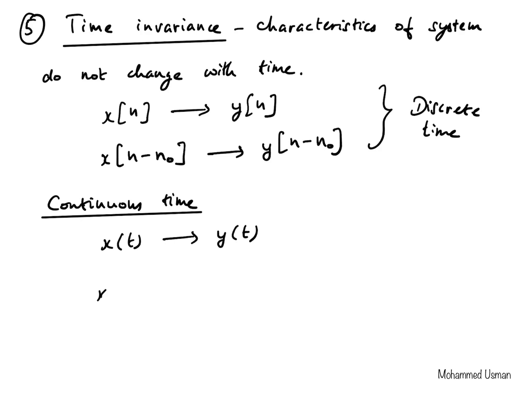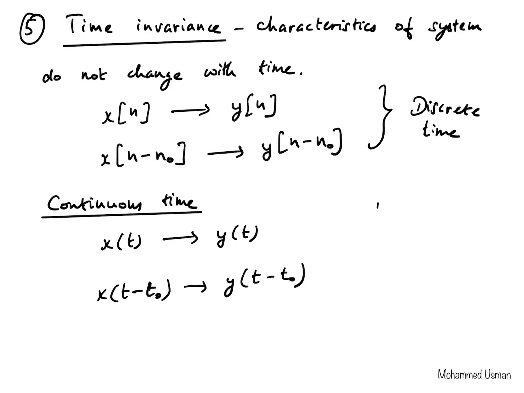If the input to this system is a shifted version of x of t, which is x of t minus t naught, then the output to the system would be a shifted version of the output y of t, which is y of t minus t naught. If this condition is satisfied, then the system is time invariant.